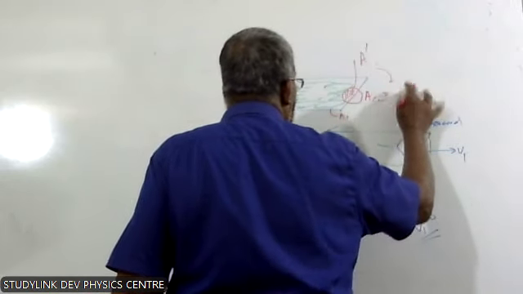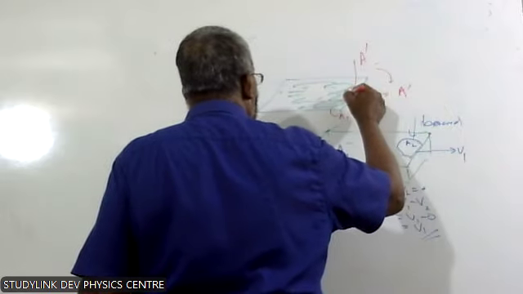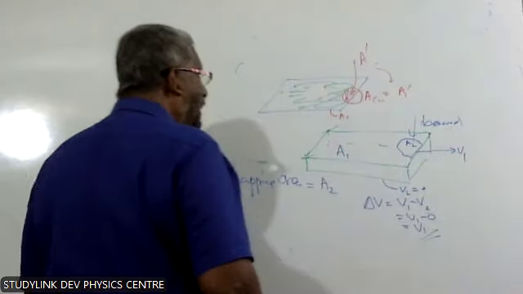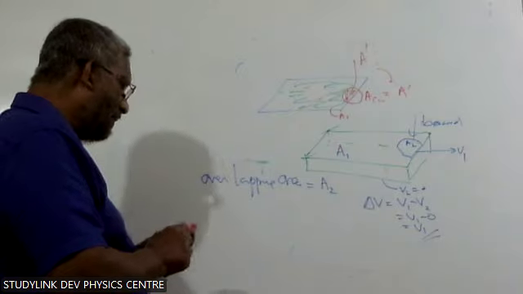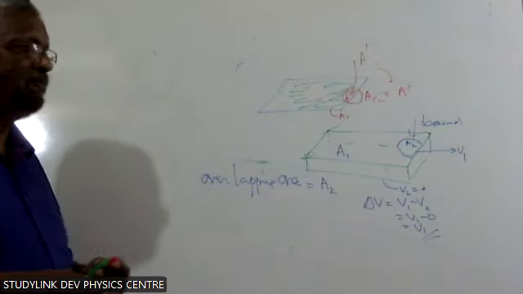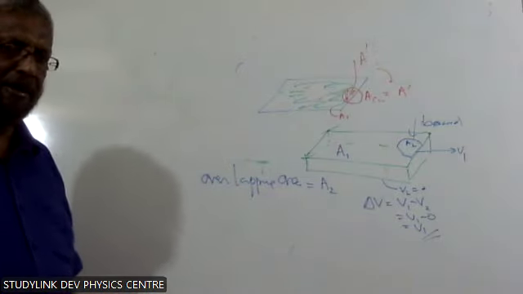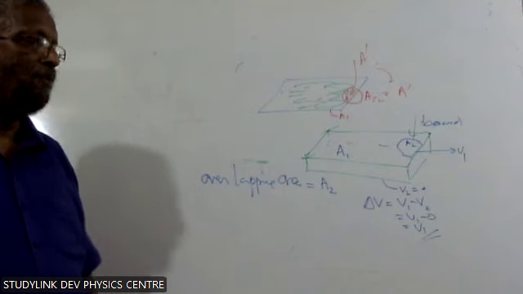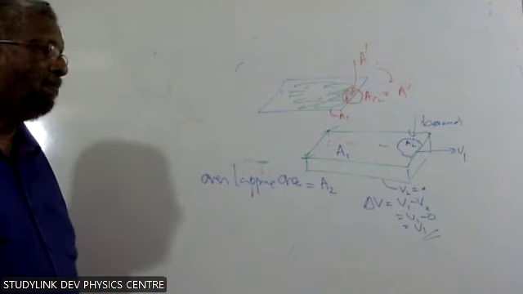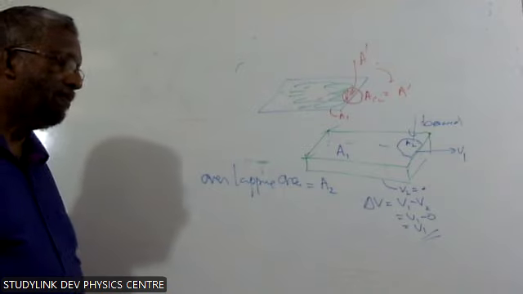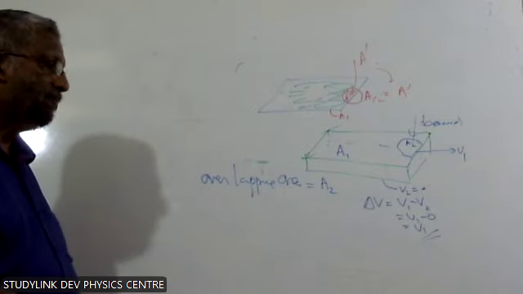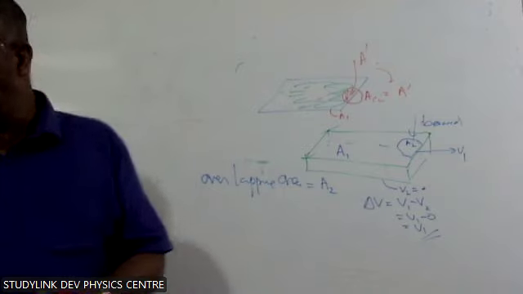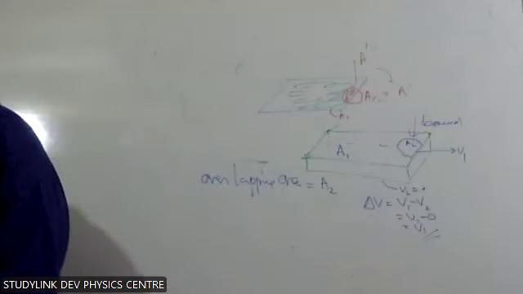So the overlapping area is A dash. Now we can understand this part only. The other part is not in contact with the liquid. So always you have to consider the overlapping area. Right. Examples.